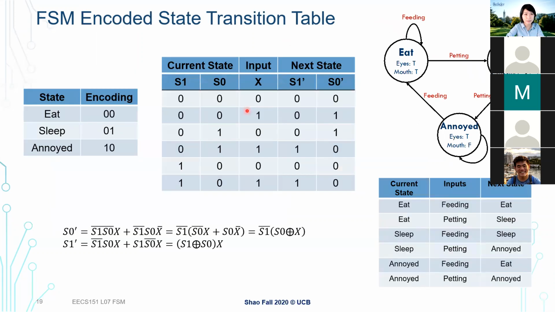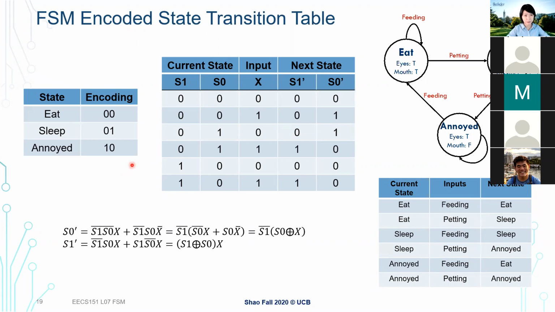So the next step of our FSM design is to turn that symbolic state transition table into an encoded state transition table. What do I mean by that? We need to explicitly encode our state and also our input, how we would like to use different values to represent our states and inputs.